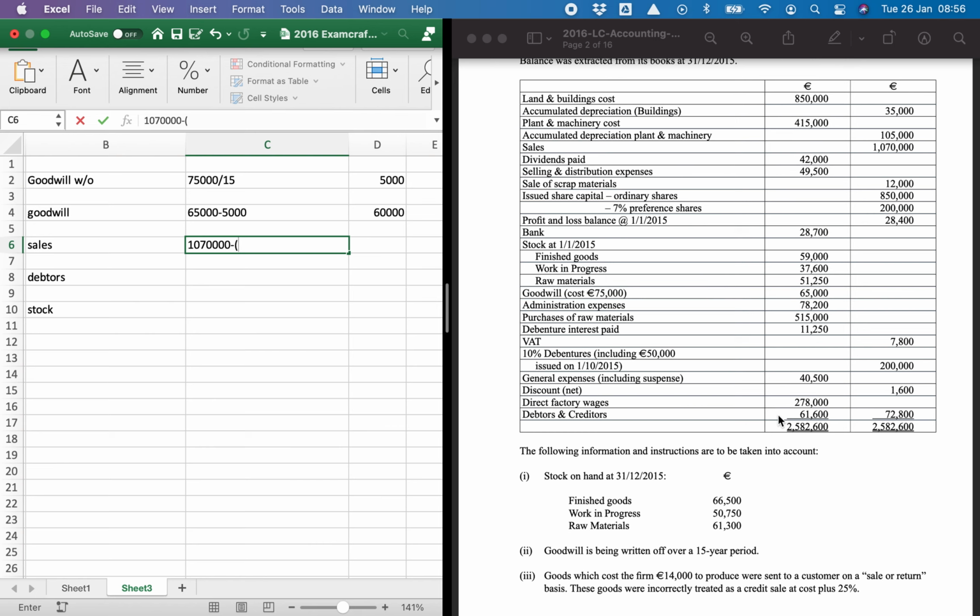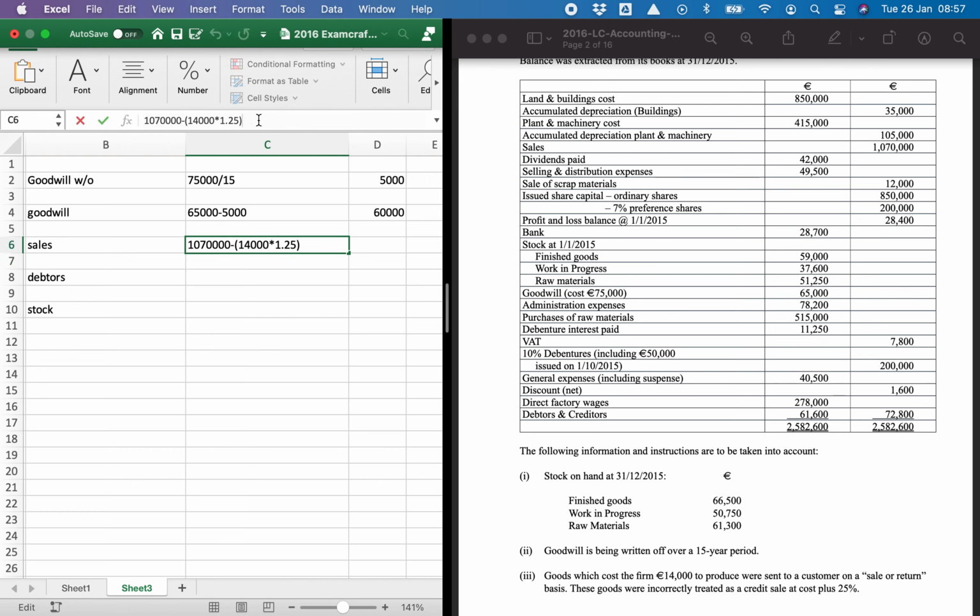So it's cost plus 25% is what it was invoiced at. So 14,000 by 1.25 will give us, I'll have to work that out, so that'll give us 17,500 to take away.